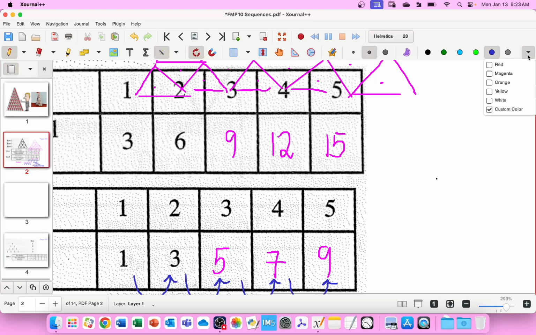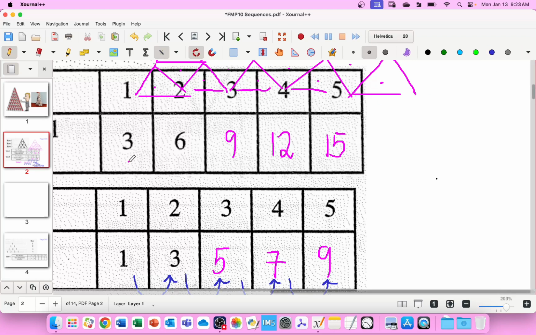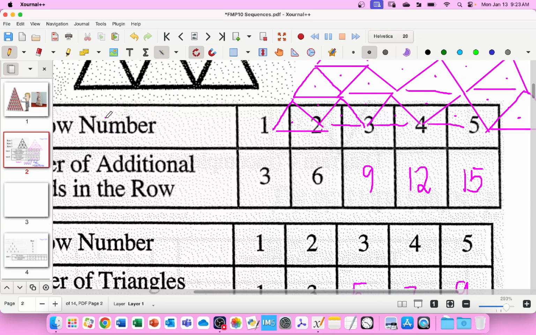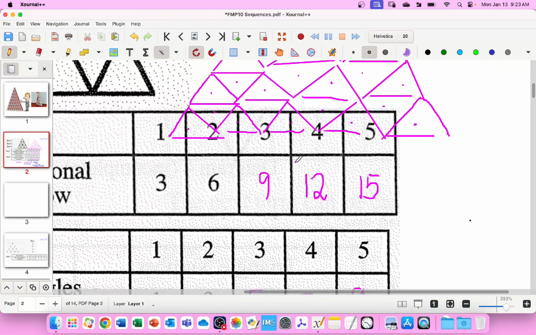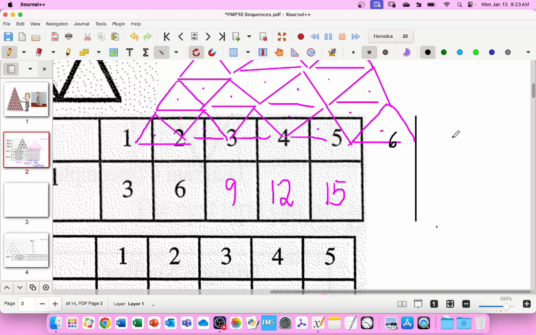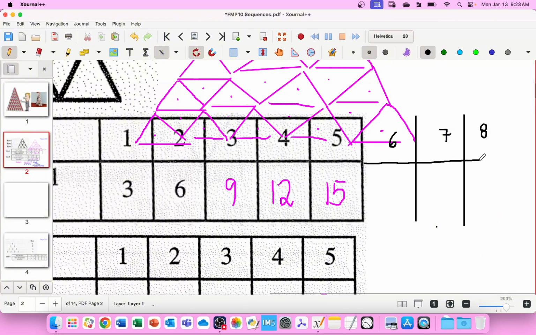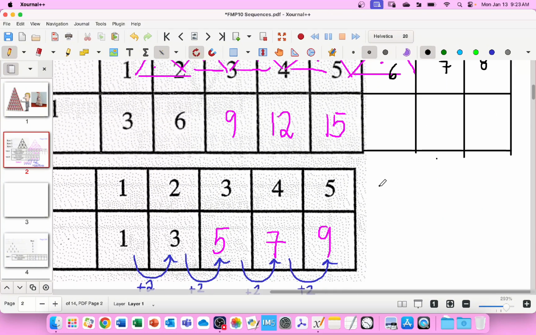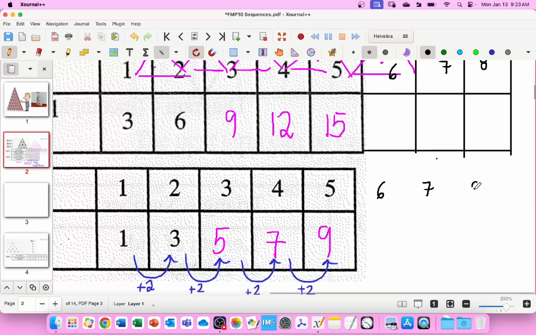If all I need to know is that for each subsequent row number, let's say row 6, row 7, row 8, something like that, I can basically predict without drawing anything.